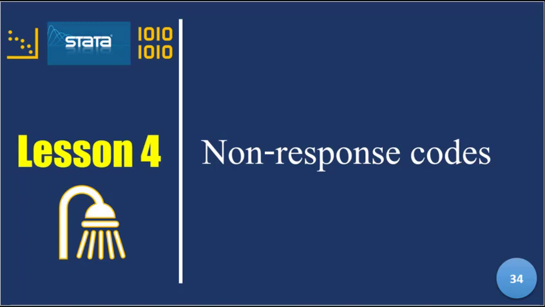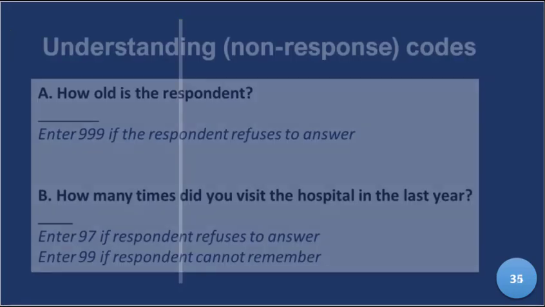Okay, so to understand non-response codes, you have to first remember that they are numbers, continuous numbers, and they have a value. So they are sort of like categorical variables, only that they don't have a label. I'll give an example straight away so that you can relate.